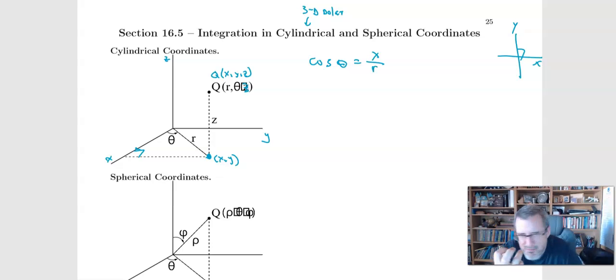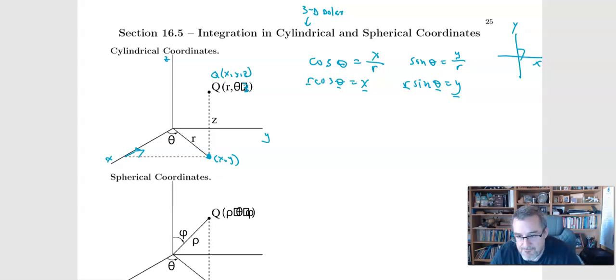You just have to get your mind around what you're looking at: the right angle is here, so adjacent, opposite, and hypotenuse. So cosine of theta is x over r, which means that r times the cosine of theta is equal to x. And the sine of theta is the opposite side over r, and so r times the sine of theta is equal to y. So if you know r and theta, you can get x and y.